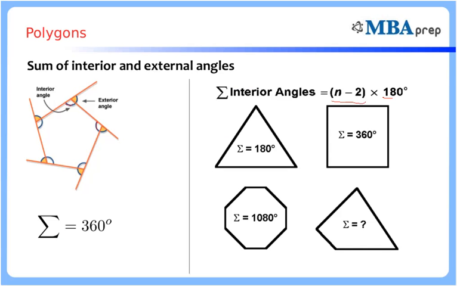Well, it's important to notice that it depends on the number of sides. Polygons that also have 4 sides, the sum is the same. Every interior angle has an exterior angle. It does not depend on the number of sides. The sum is always 360.